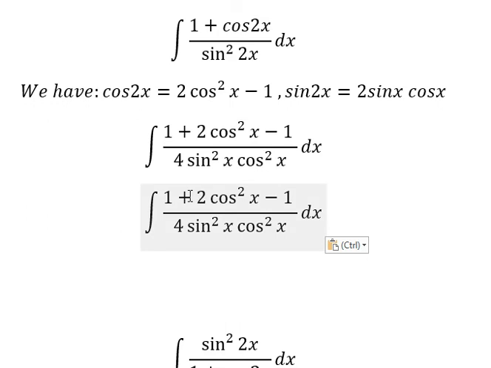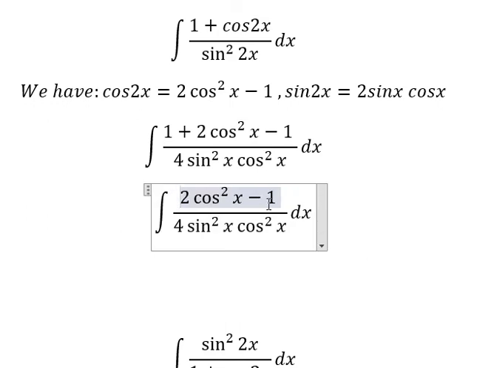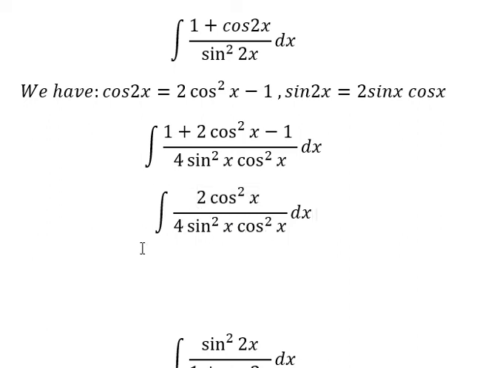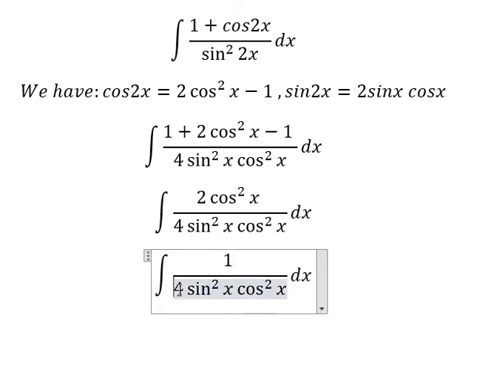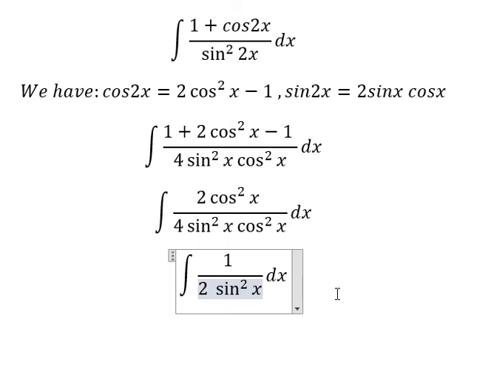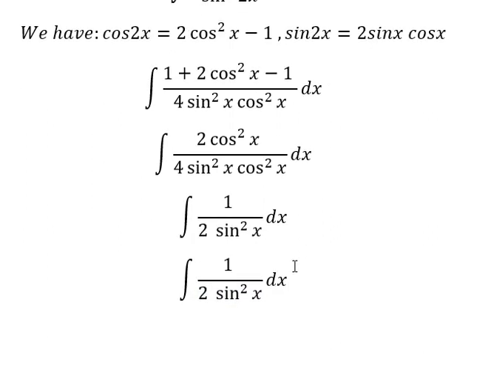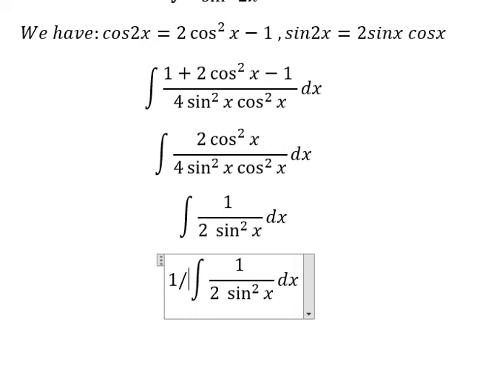1 minus 1 we cancel. And now we need to simplify 2 cosine x squared on the numerator and denominator. So I need to put 1 over 2 outside.